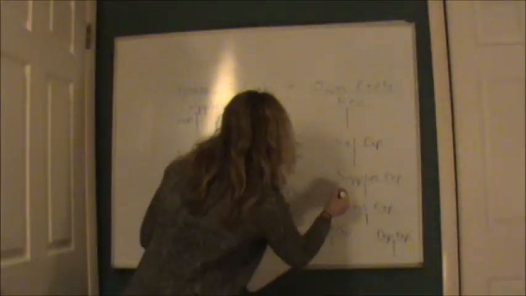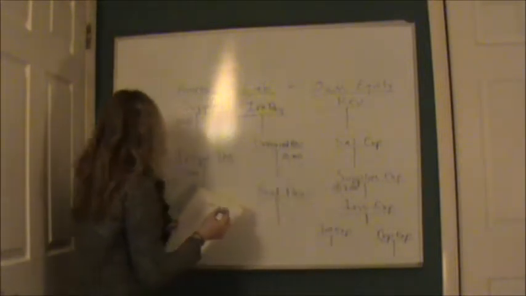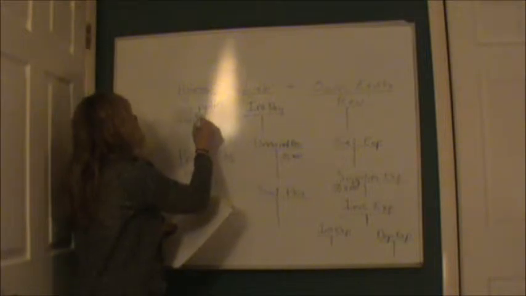So that means we're going to have to go ahead and debit supplies expense, right, for $300. So our first transaction is supplies expense. And then what we're going to have to do is credit supplies, right, because we've used our supplies.